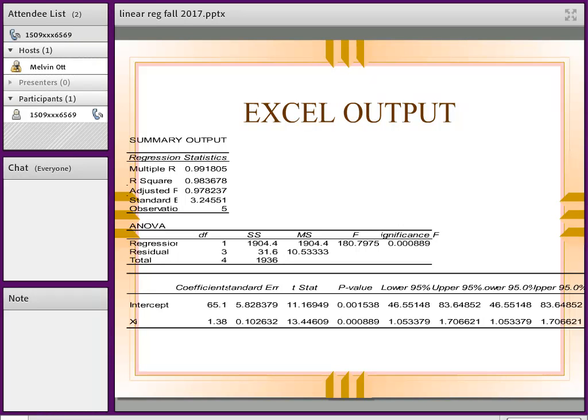Here's what it looks like if you do the output in Excel. It gives you the R-squared value up, and these are going to be slightly different in the different software products. Excel gives you the analysis of variance table. It gives you those sums of squares, mean squares, the F ratio, 1904 divided by 10.5, and it gives you the significance of that over here, 0.000, or, less than 0.001.